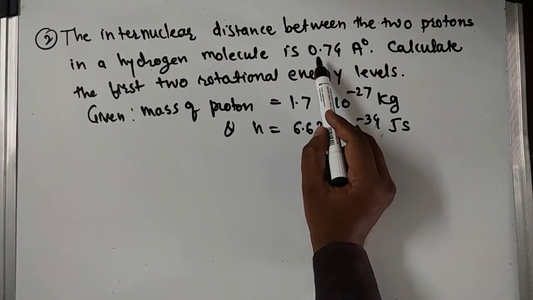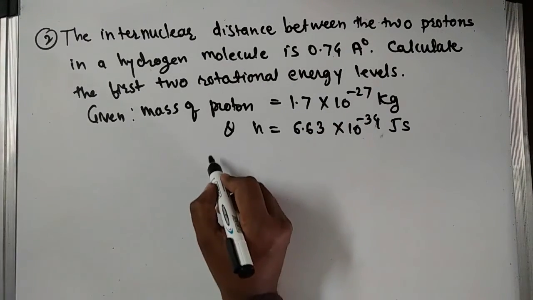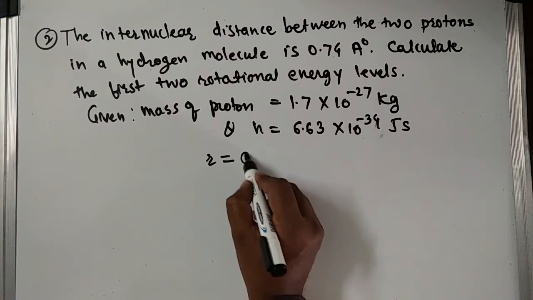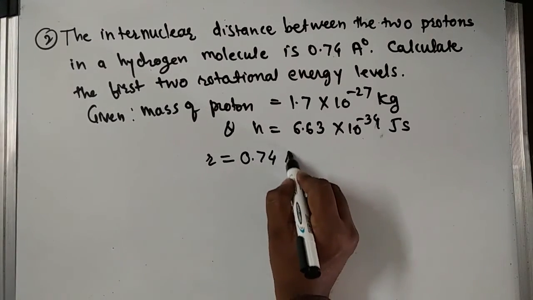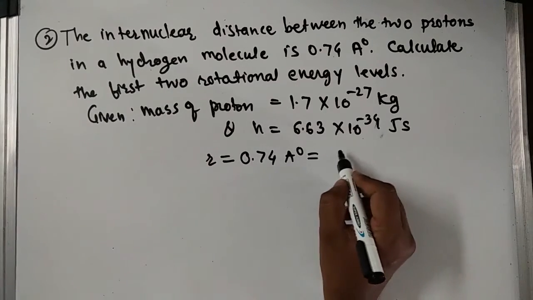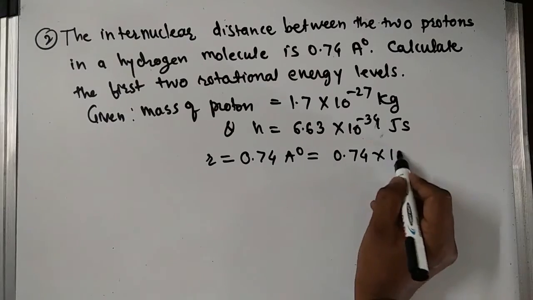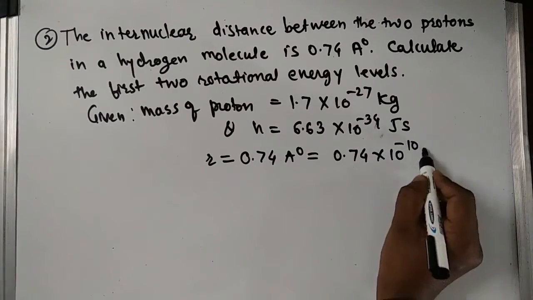Again, the bond distance, or interatomic distance, is given, that is R equal to 0.74 angstrom, and we know that 1 angstrom is 10 raised to minus 10 meter, right?